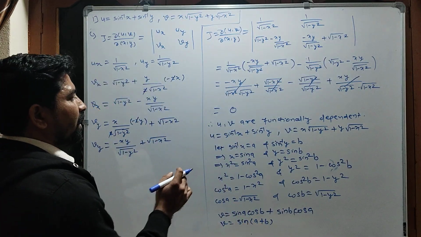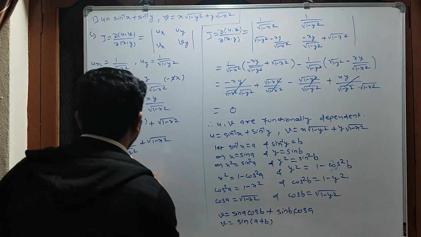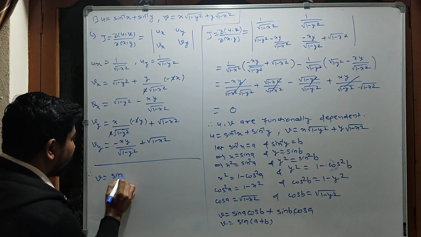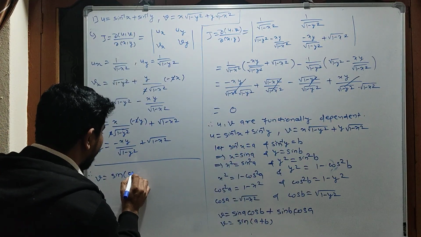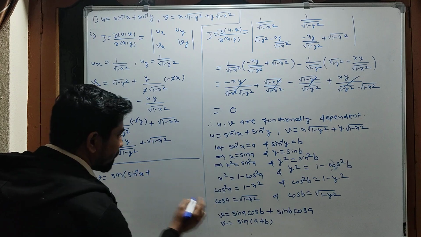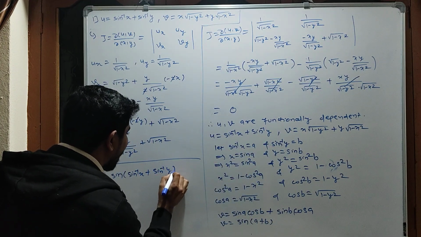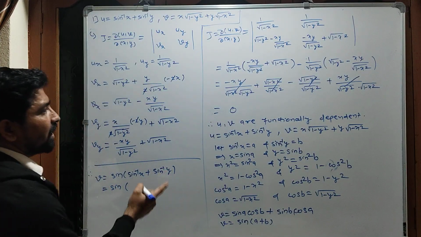So v equal to sin of a plus b. Here a is sin inverse x and b is sin inverse y, therefore v equal to sin of sin inverse x plus sin inverse y.